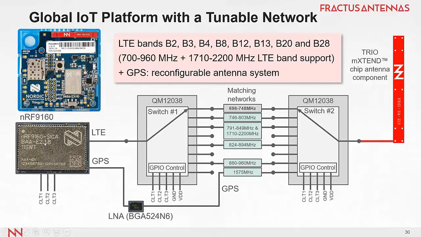And these transceivers have some control lines that control the switches, which are by Qorvo, but many others are available. So the transceiver has all the intelligence in controlling the switches. For instance, if we need to operate at 698 up to 748, the transceiver puts these switches in this state.